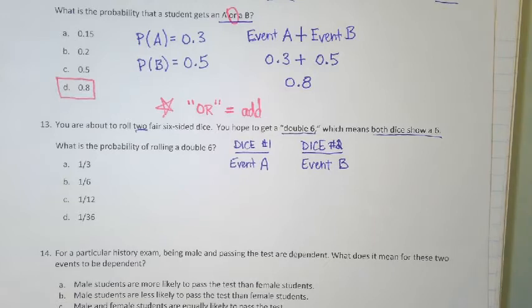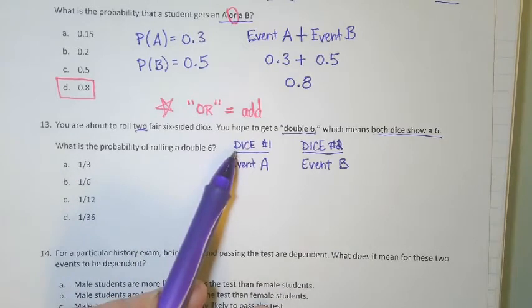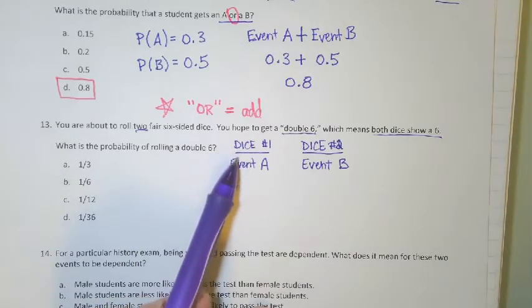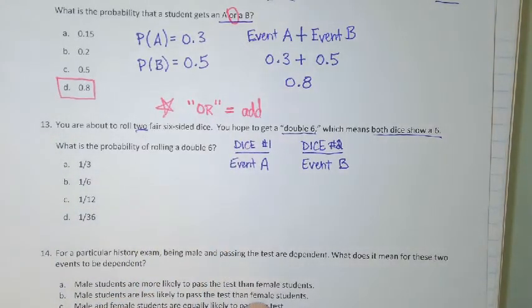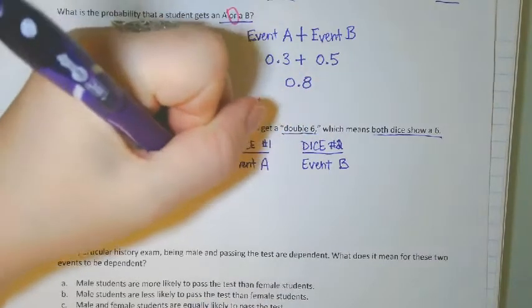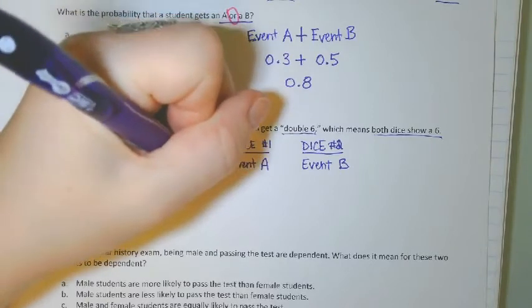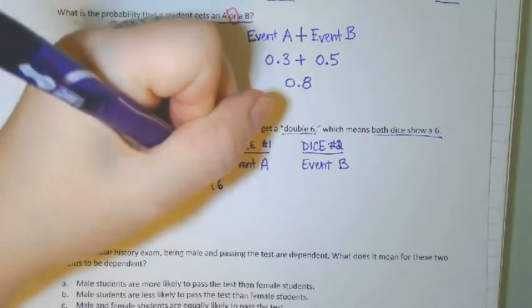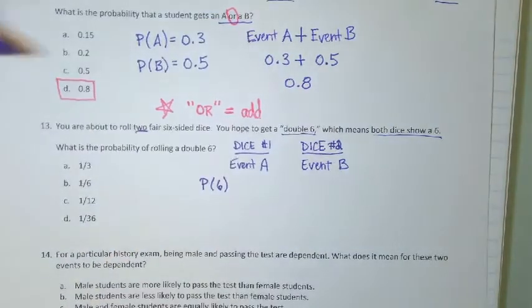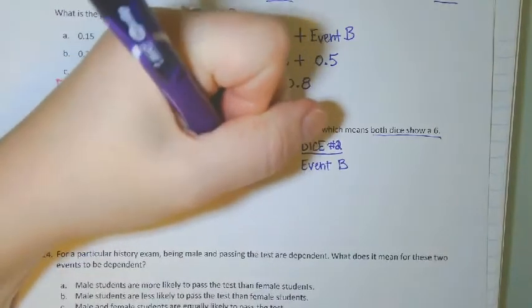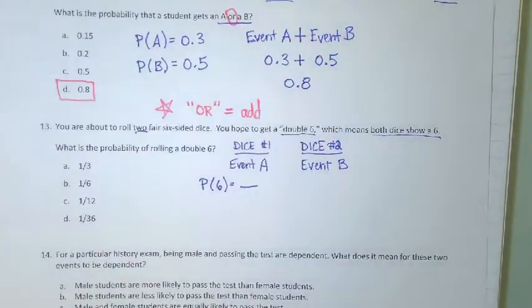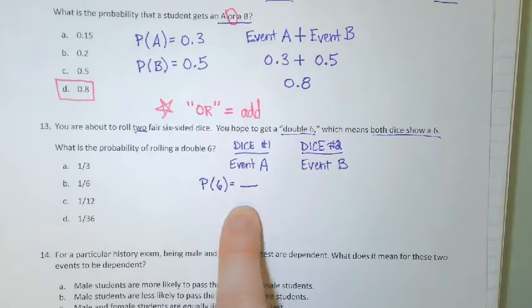So we'll start by looking at the individual probabilities. If I start with my first die, I'm thinking about what is the probability that that die lands on a 6. On the bottom, we always have the total.